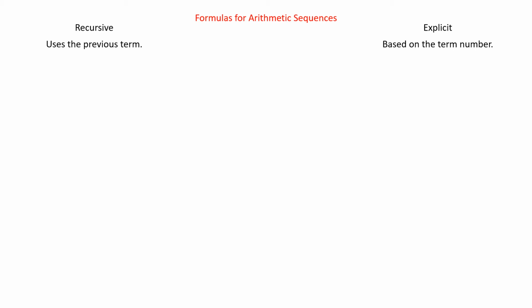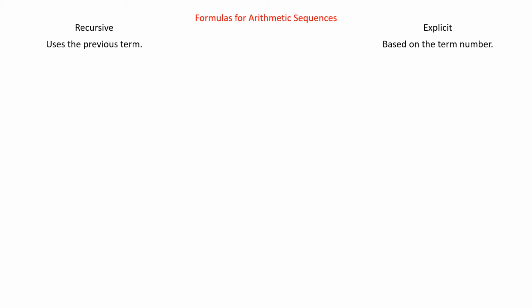An explicit formula is very similar to the equations that we've been looking at recently. Those are called explicit equations. They're based off of x, not off of what came before that. Generally speaking, recursive formulas are easier to make because you're just looking at how you get from one number to the next.